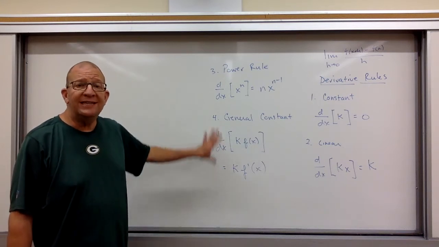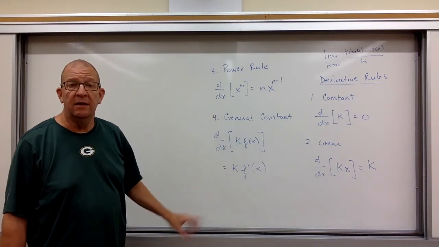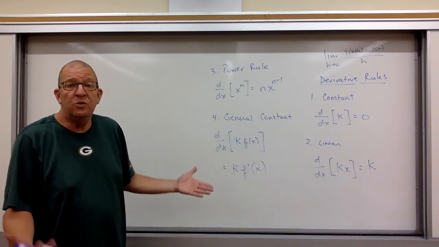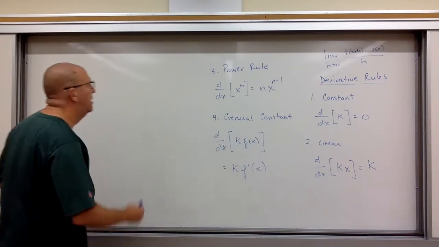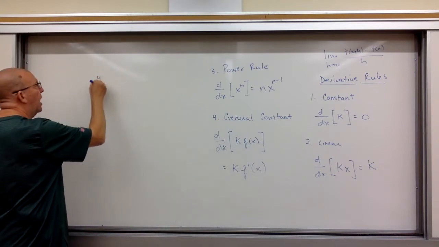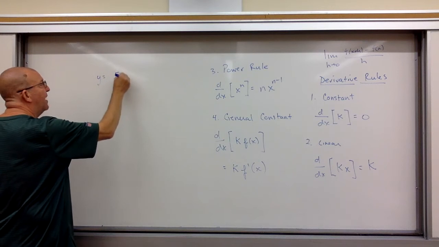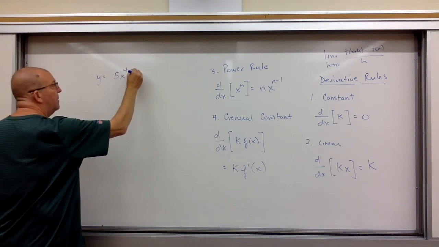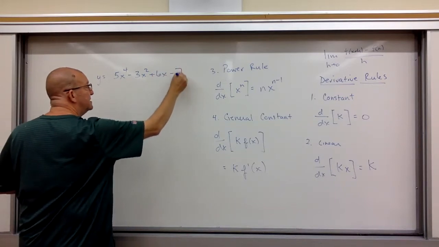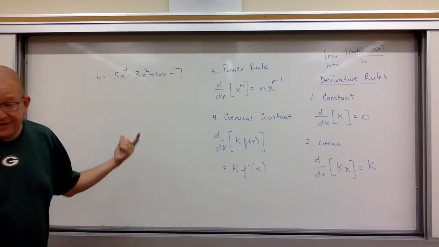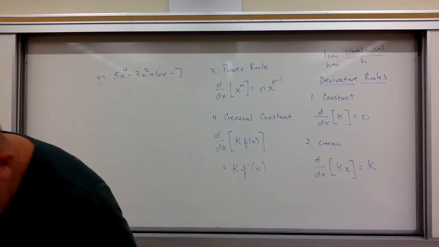Okay, so now this sets us up very nicely, right? We can do just about any polynomial function. Let's try one. How about y equals 5x to the 4th minus 3x squared plus 6x minus 7? Can we take the derivative of that function?